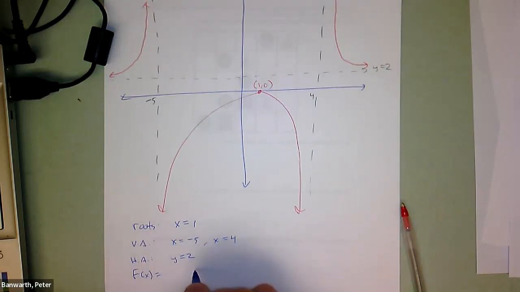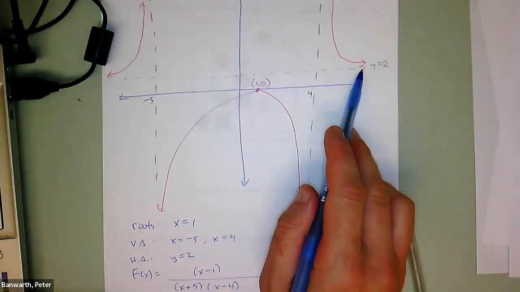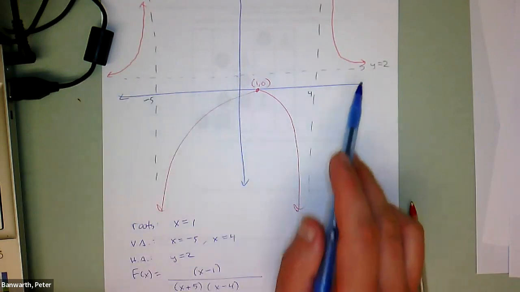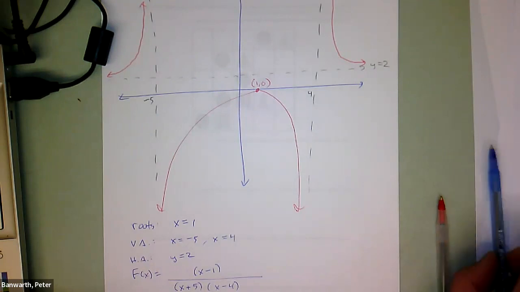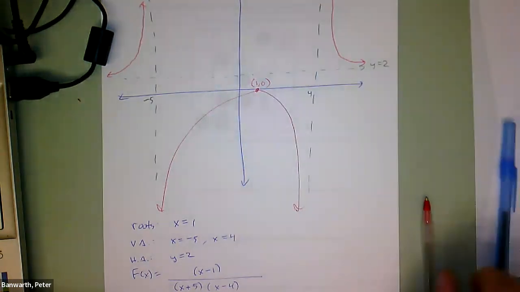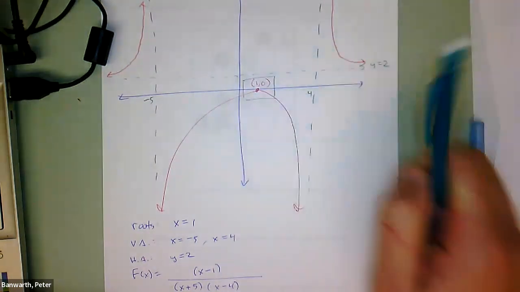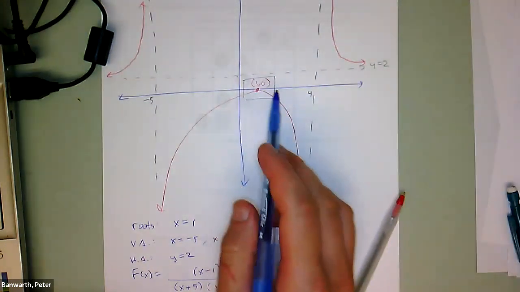So we have a root of x - 1 in the numerator, and we have 2 vertical asymptotes in the denominator. Now our end behavior looks like a straight line, and it's not 0. In addition, if we take our window right around our root, we see that it's bouncing off.